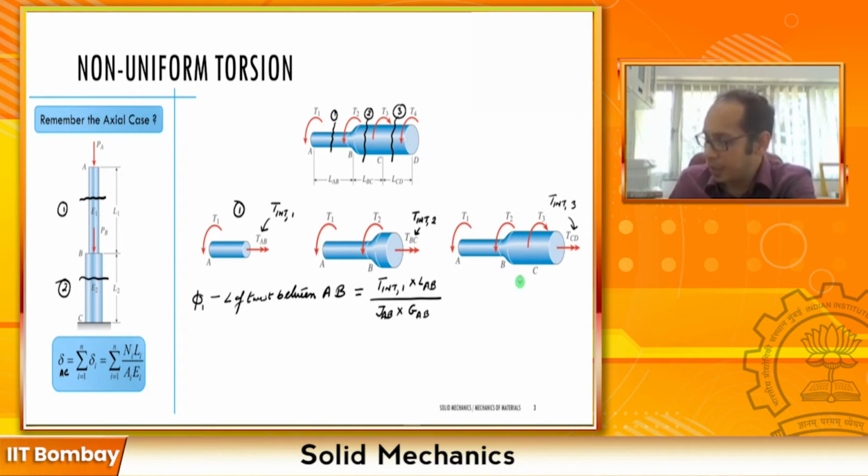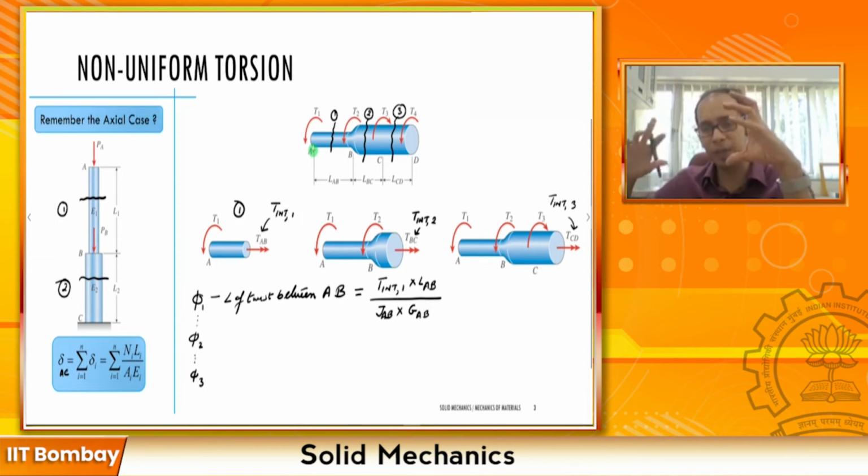Similarly, you can calculate phi 2 for the section B to C, then phi 3 for the section C to D. So what is going to be my total phi? Remember, total phi is the total angle of twist from one extreme to the other.